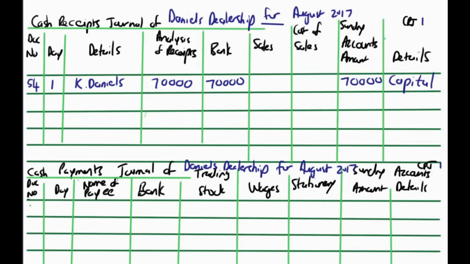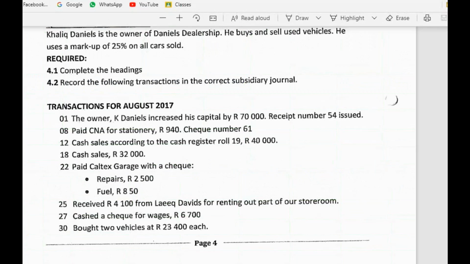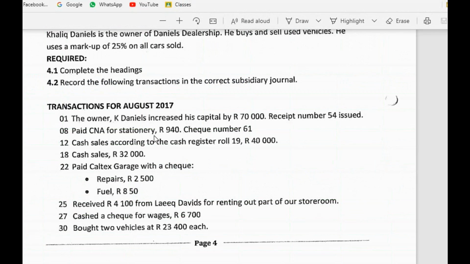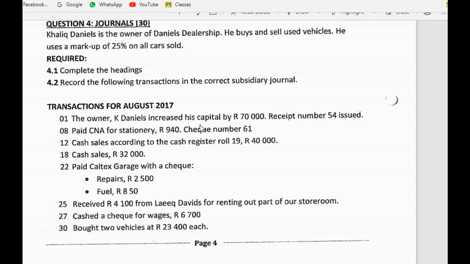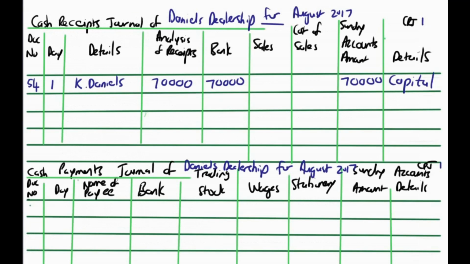So the next transaction over there, that was the first transaction. The next one is we paid CNA for stationery, check number 61. So once again, the question we ask ourselves is, did we receive money or did we pay money? In this case, we as a business have paid for stationery from CNA. The check number is 61. So firstly, document number 61.